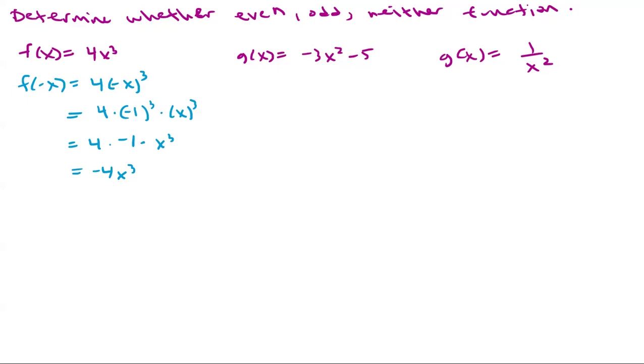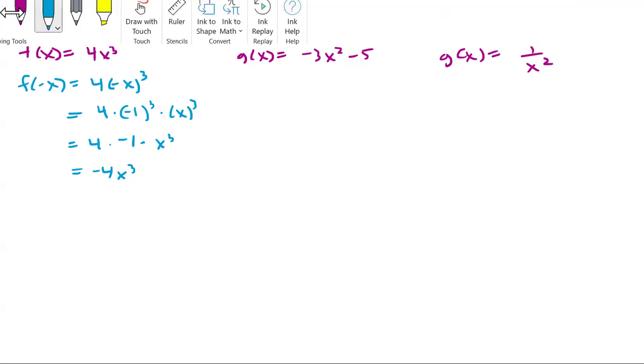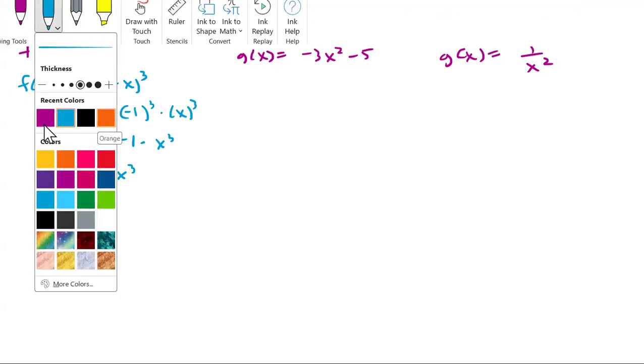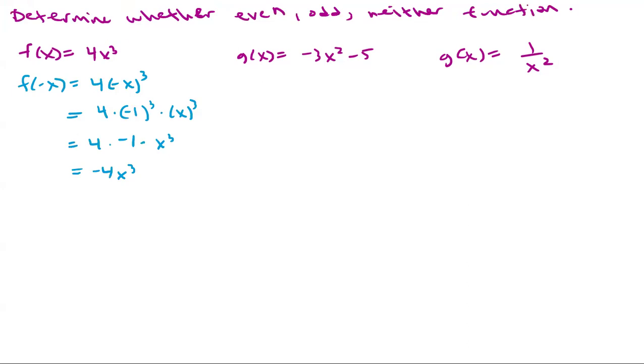Okay, so now what do I do? Well, we need to look at our outputs. So for this one, we have our original function, 4x cubed. And then when we plugged in negative x into our function, we get an output of negative 4x to the third. So notice that the original is positive, and when we plugged in the negative x, it gave us a negative.